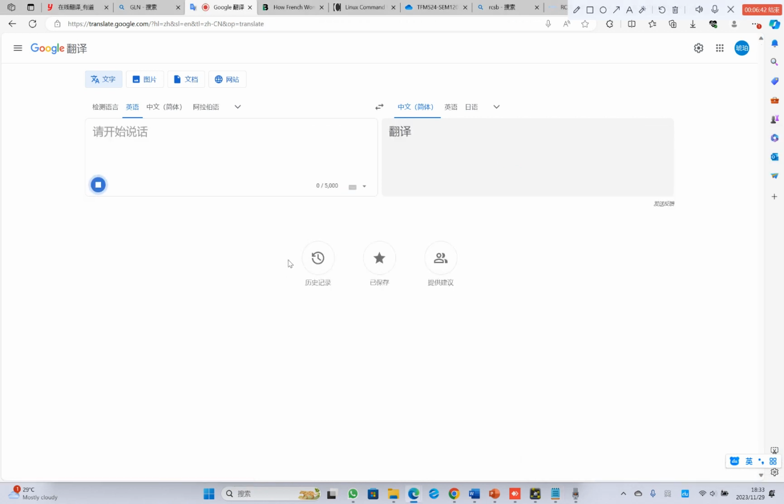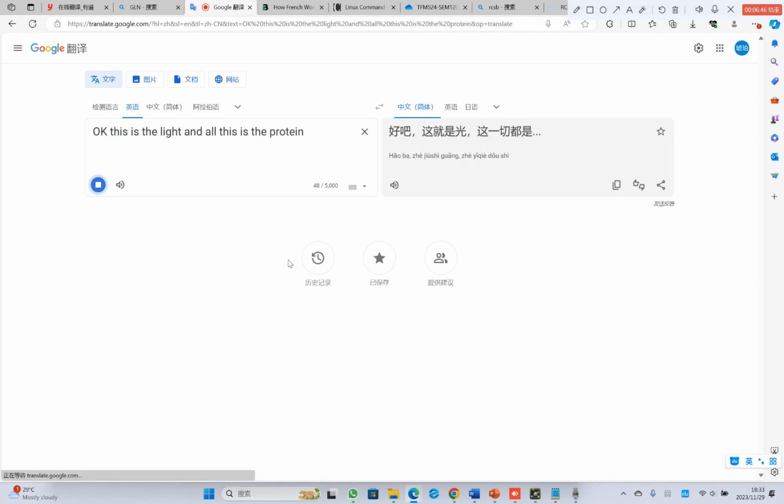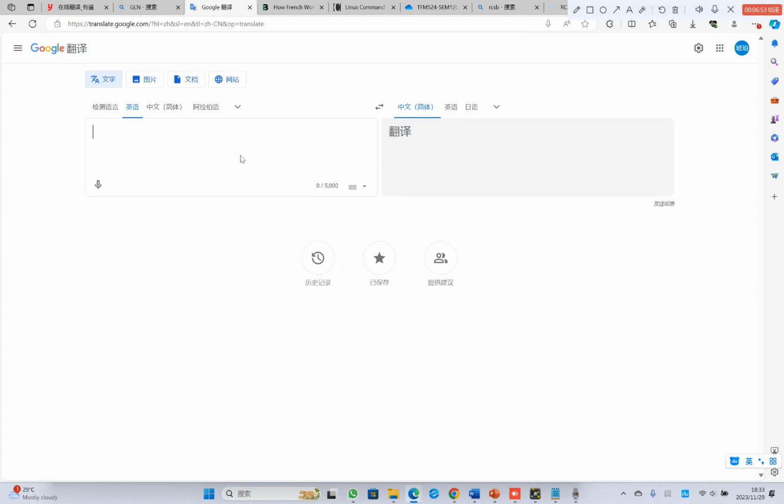You can see carbon, and all this is the protein carbon. Okay, all right.